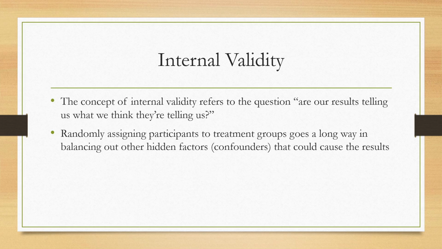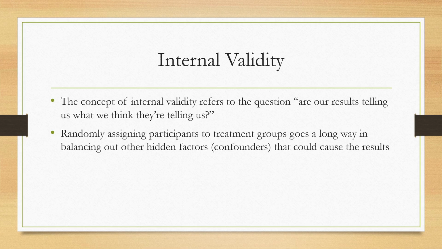So how can we account for that? Well, the biggest way we can do that is by randomly assigning participants to treatment group or control group. By randomly assigning participants, if we had that case, say, where I had one group that had all the experience and the other group that had no experience, if instead I said, okay, participant A, I'm going to randomly assign you.